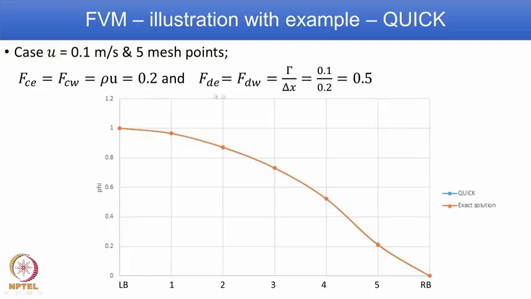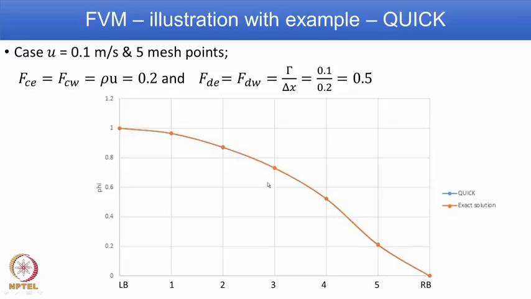Now, this is a comparison of performance for the same problem, but using a different value of u, 0.1 meters per second. The previous slide showed values corresponding to 0.2 meters per second and this is slightly lesser, 0.1 meters per second, but everything else is the same, that is 5 mesh points, rho and gamma. And you see here the performance of the QUICK scheme plot and the exact analytical solution plot.